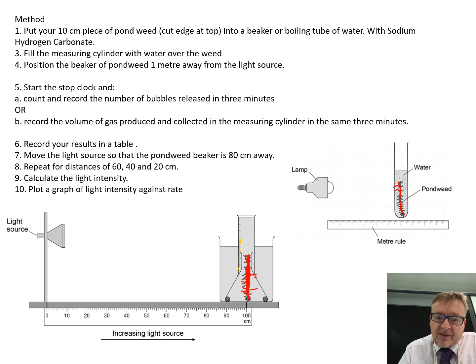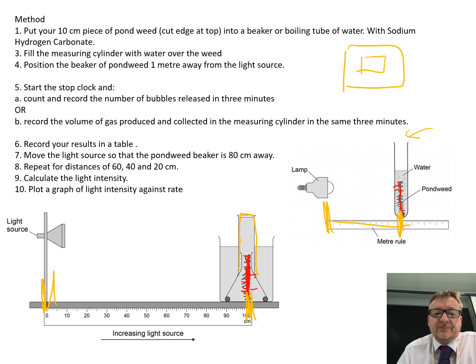So that there is a full measuring cylinder over the top of it. Here you don't have any measuring cylinder, it's just like an open test tube. Then position the light source a metre away from the pondweed. Then start your clock.